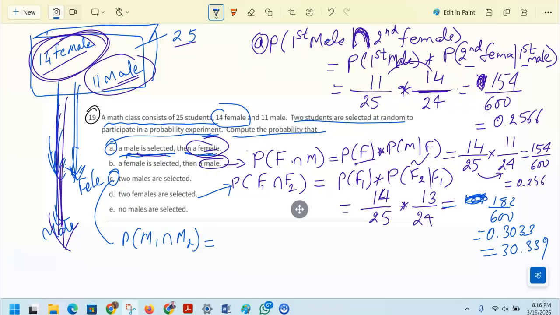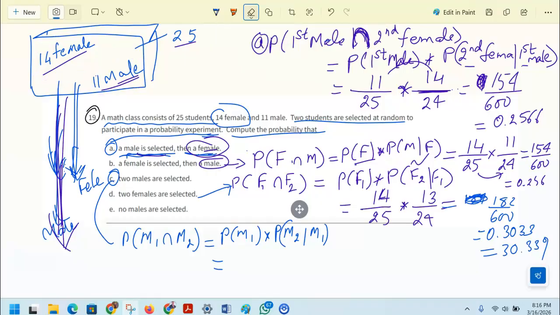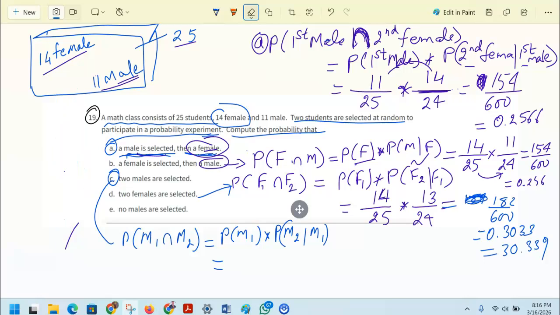So this will be the probability of M1 times the probability the second is also male when you know that the first one is male. The first one is male, and there are 11 of them, so it will be 11 out of 25.